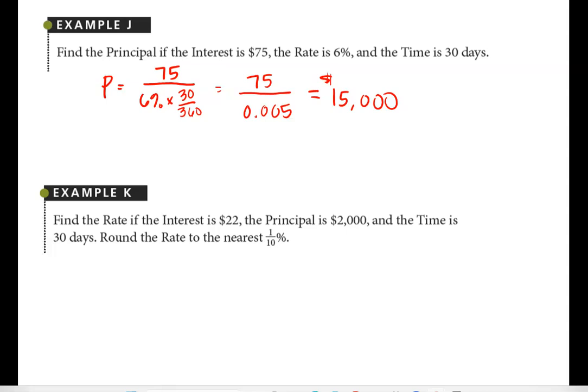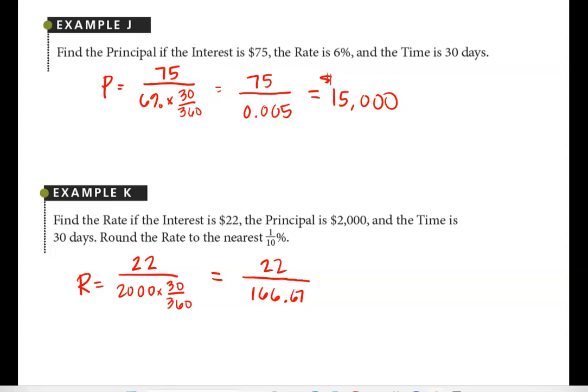Here it's asking us to find my rate. So R equals, interest is our numerator. Our principal was $2,000. And again, I'm just going to use ordinary interest. And time was 30 days. Make sure you calculate your denominator first. 2,000 times 30 over 360 gives me $166.67.